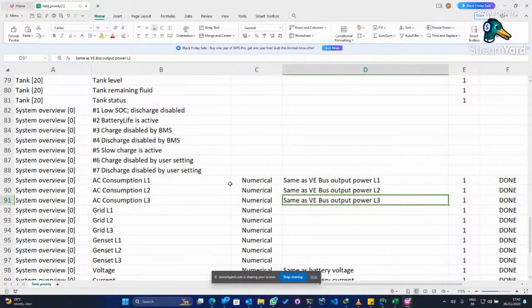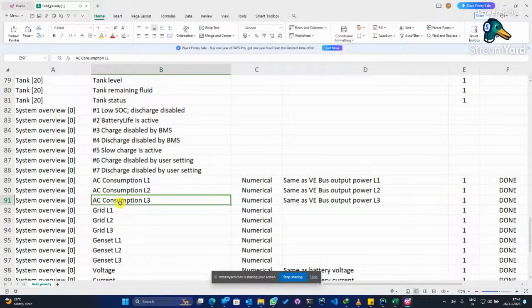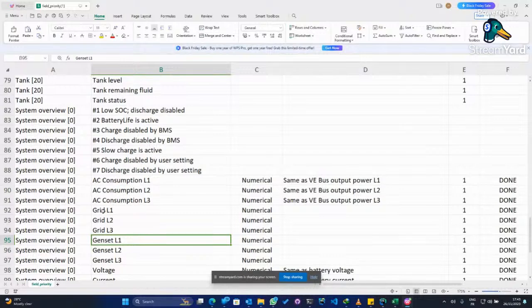But as I mentioned previously, this AC consumption is independent of whether the system is operating on grid or on genset, because it can be the AC consumption while the system is operating on grid, and it can also be the AC consumption while operating on genset or battery, depending on which device is powering the hub site at the moment.